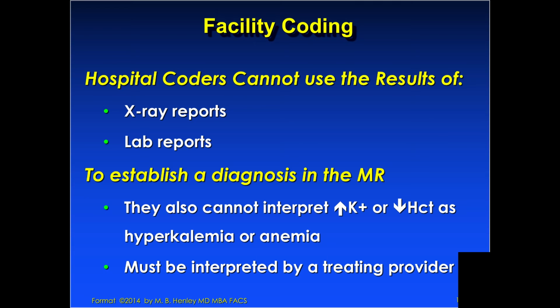You can cut and paste to a degree into your note, but you should interpret those lab reports. Okay? So again, hospital coders cannot use the results of a lab or X-ray reports or others, even though they're signed by a physician, because those docs aren't treating physicians. So it must be interpreted by a treating physician. This is true, by the way, in ICD-9 right now, too. So this is not a change.